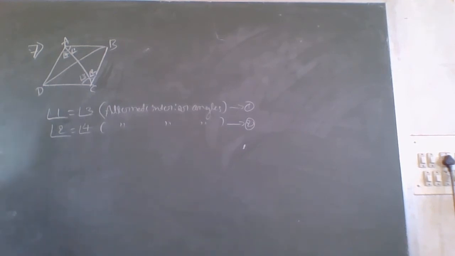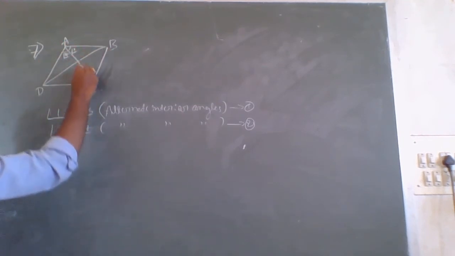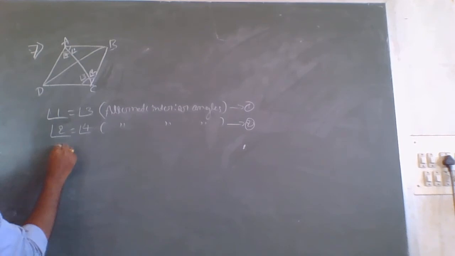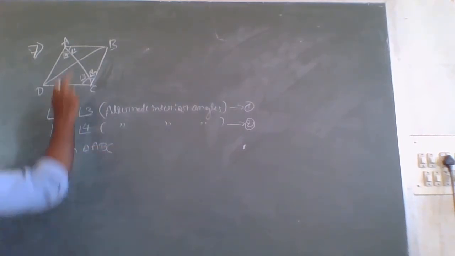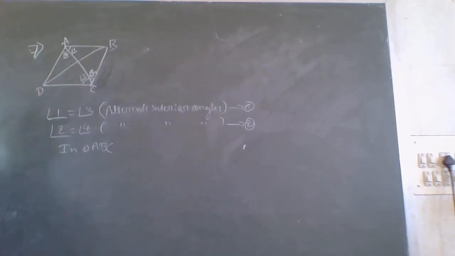Now I will consider triangle ABC. In triangle ABC, AB is equal to BC. Why?